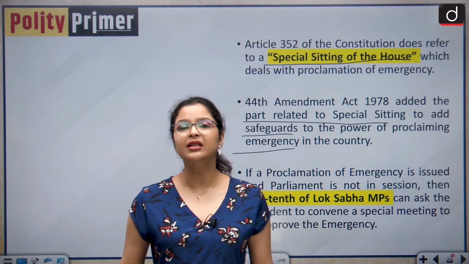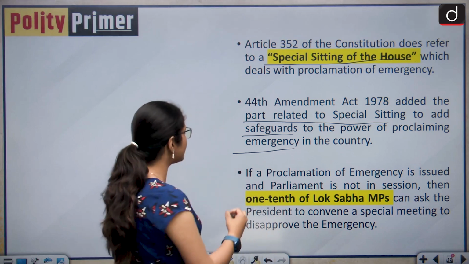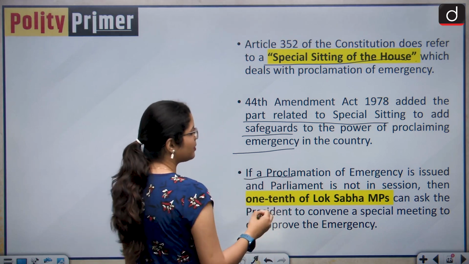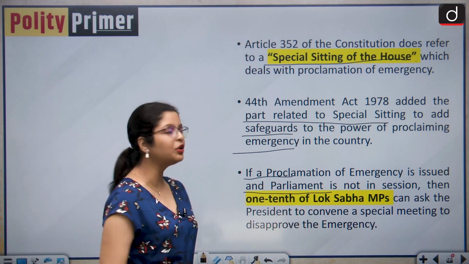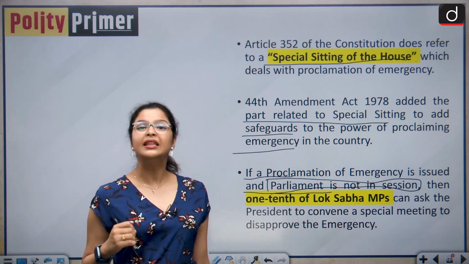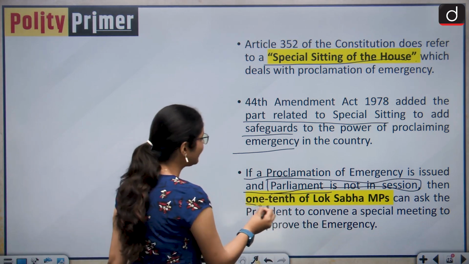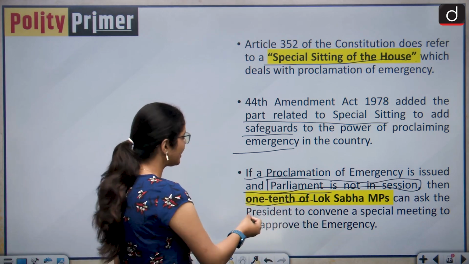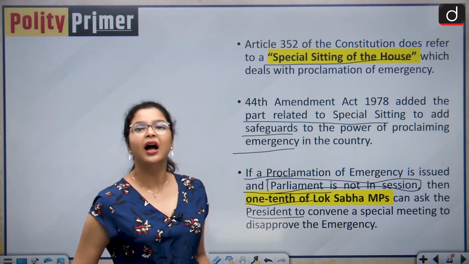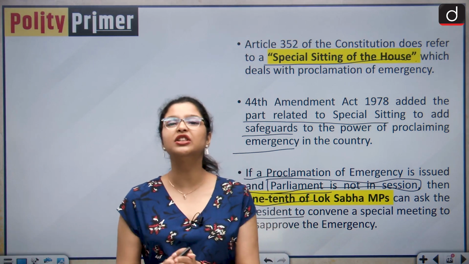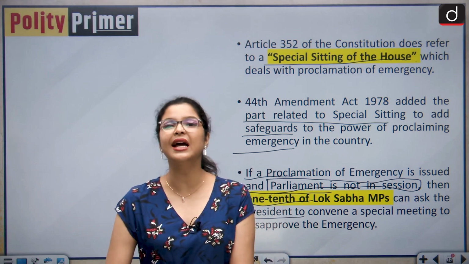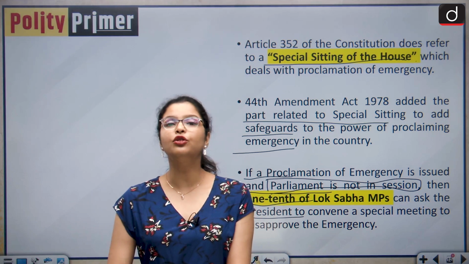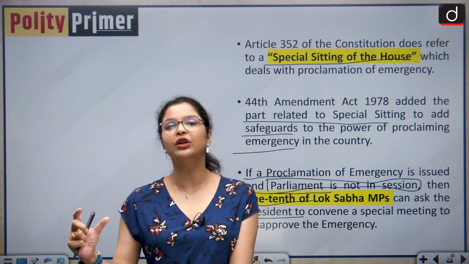And what does it state? It states that if a proclamation of emergency is issued and the parliament is not in session, kindly note that the parliament is not in session, then what can happen is 1/10 of the Lok Sabha MPs can ask the president to convene a special meeting or the special sitting of the house, and in this meeting or session they are going to discuss whether they want to continue with the emergency or whether they want to revoke it.